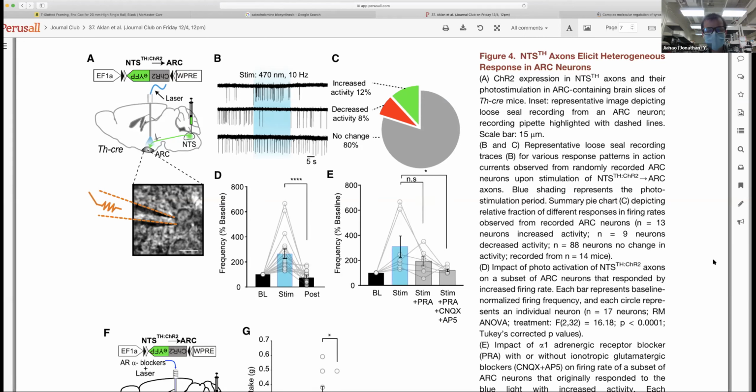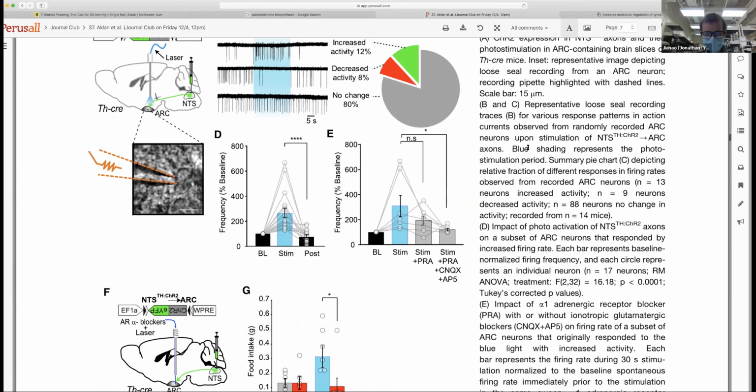That's a surprise, right? If you go back to the behavior effects, I think in figure 2. And then they further categorize in D and E. Sorry, I'm not sure what the BL means. Probably baseline.